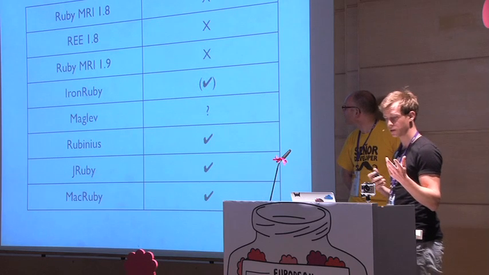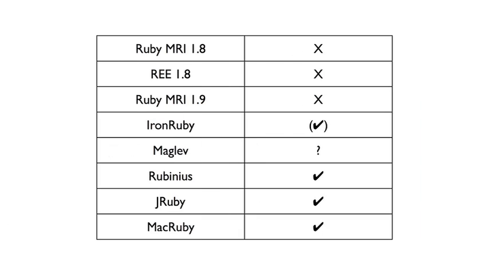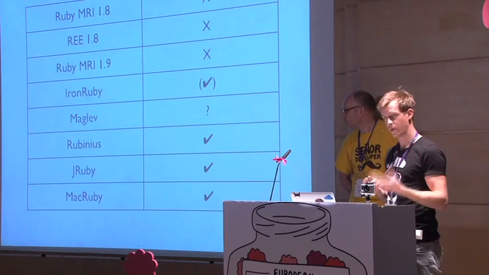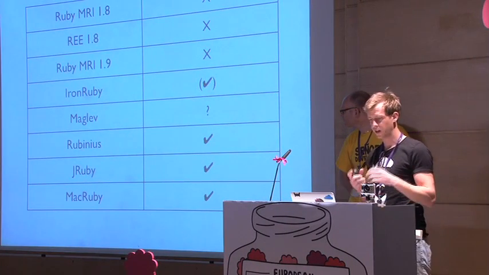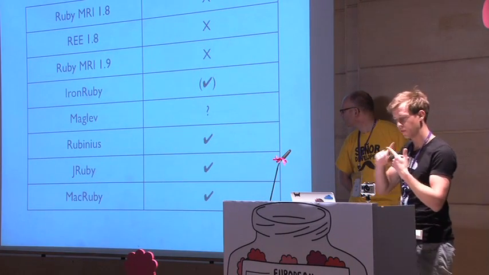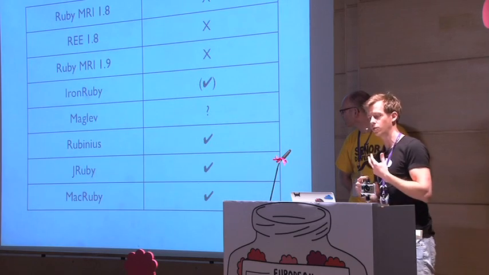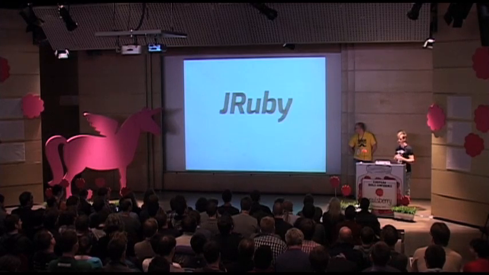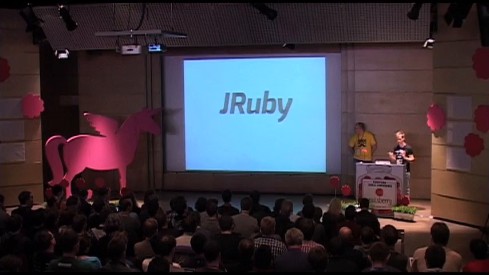So MRIs are out. IronRuby, I'm not particularly sure, because since Microsoft left the project, there are a few commits, but I'm not sure what those guys are doing. MagLev, I have no idea. I haven't checked it. But we have Rubinius, and we have MacRuby, and we have JRuby, who will be up to the task. And today, we're going to focus on JRuby.